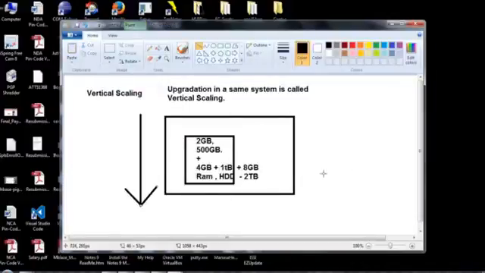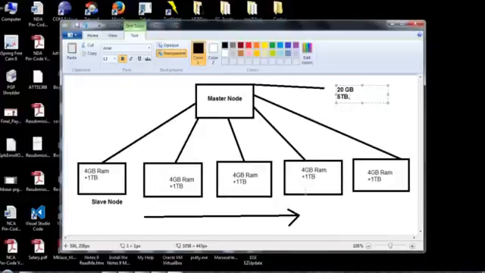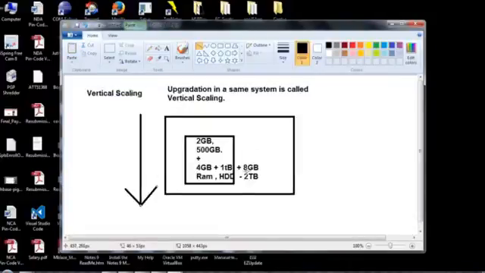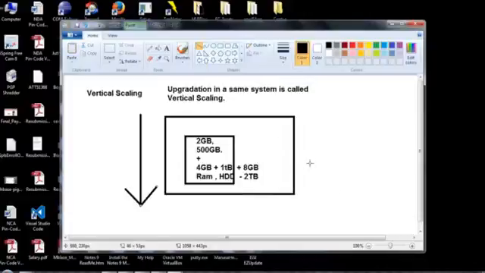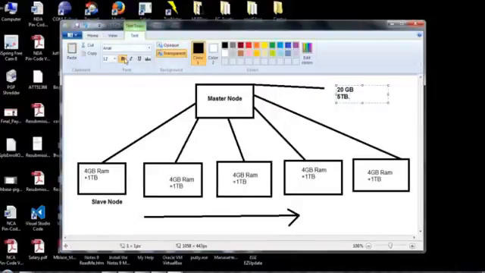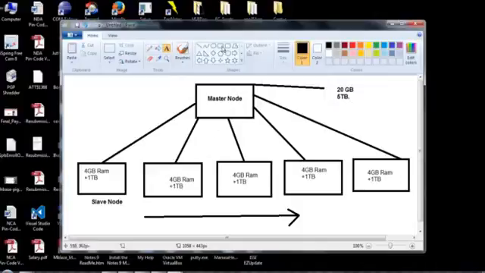When you are dealing with a humongous amount of data, you should always prefer horizontal scaling instead of vertical scaling. Horizontal scaling doesn't have any limitation. You can add n number of nodes, but in vertical scaling there will be a point where your system won't allow upgradation. So this is your horizontal scaling.